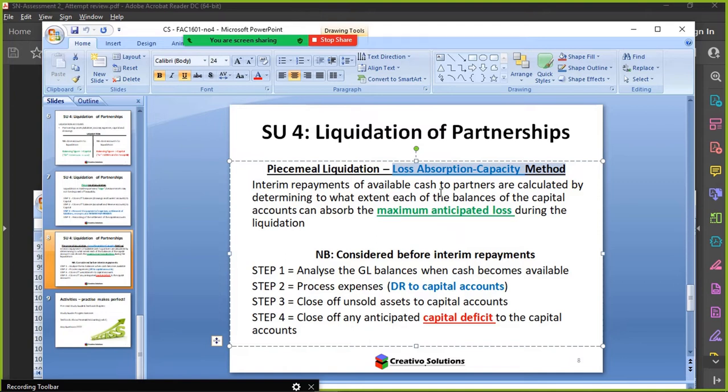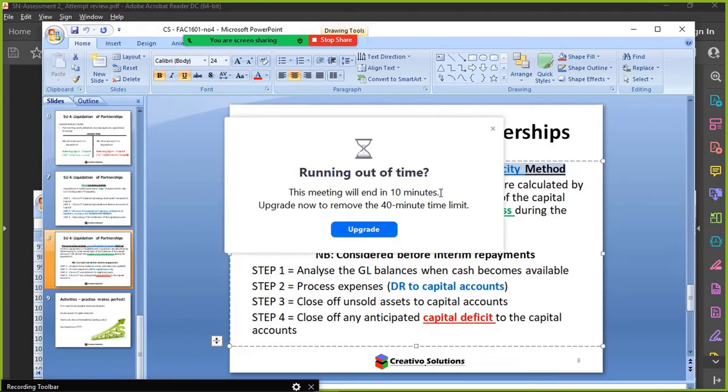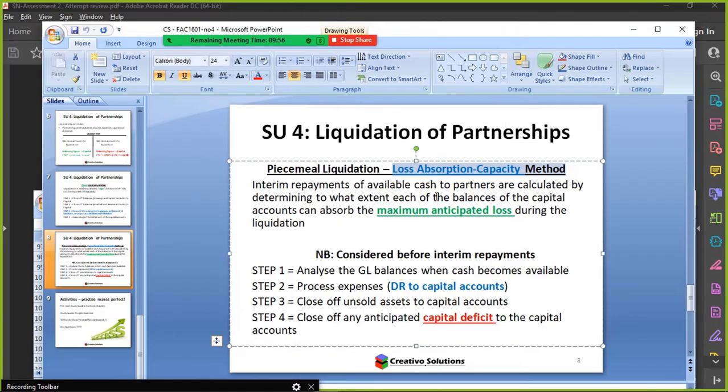Obviously, partners are going to be fighting or arguing about the money that's available in the partnership because they all want to get out of this partnership. So to keep things amicable in terms of partners being distributed their fair share, this method that's applied gives each partner an opportunity to get paid out what they are supposed to be paid out based on a maximum anticipated loss.